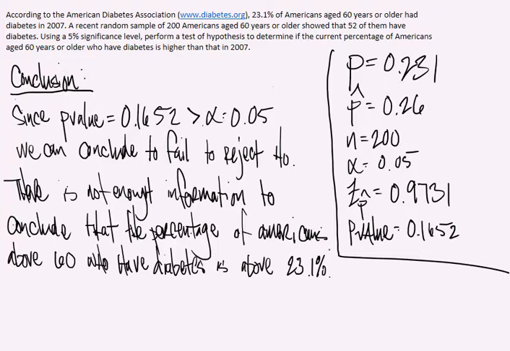Right, so now we have to talk about our possible errors. We have type 1 errors and type 2 errors. Okay, so we'll talk about what the different errors were and what they mean as per our conclusion.